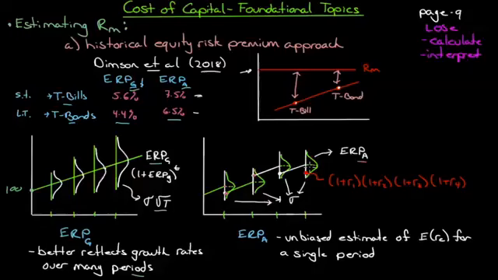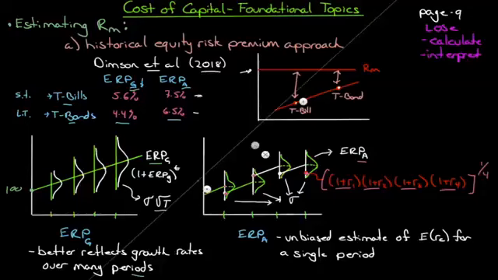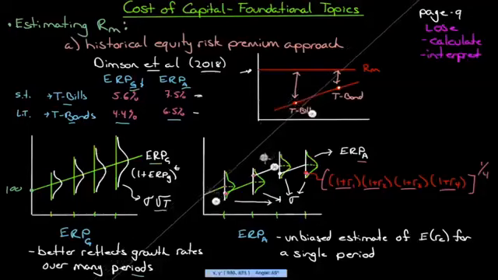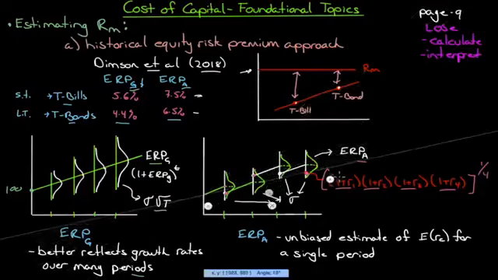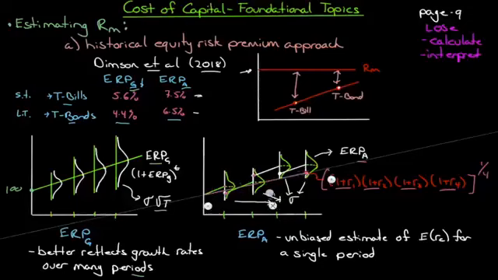This is a series of arithmetic returns, and to calculate, if this is our ending period, it's just a series of returns multiplied. And then if you take all of this to the power of 1 over 4, you will get a geometric mean return series, which is this line right there.